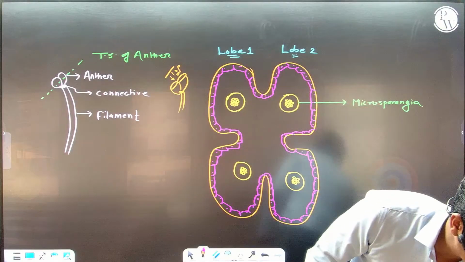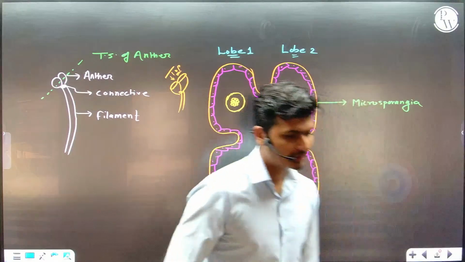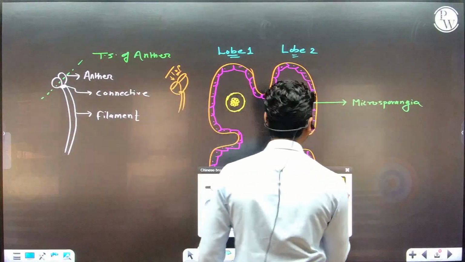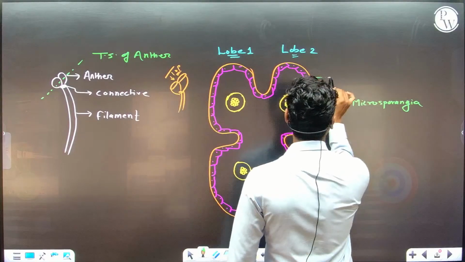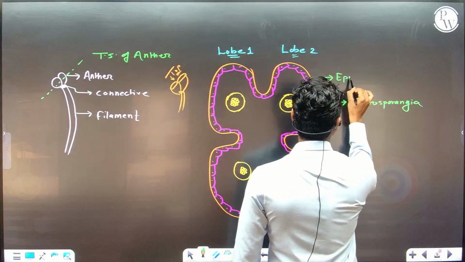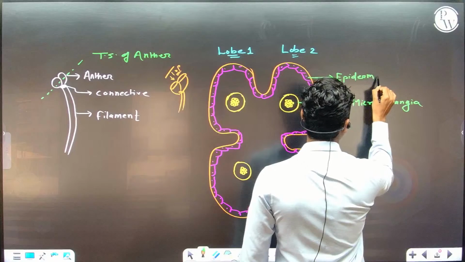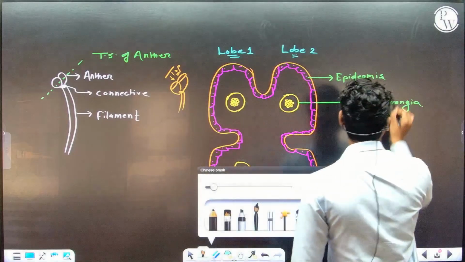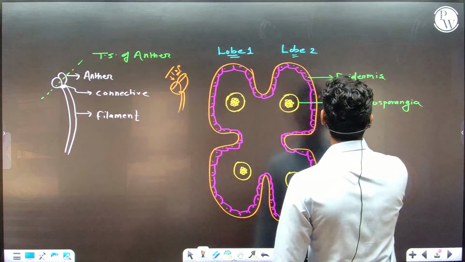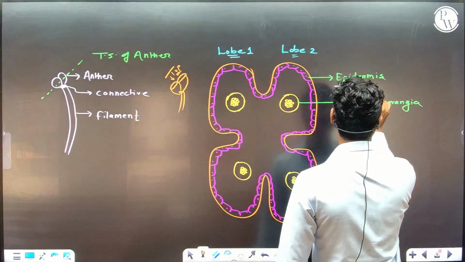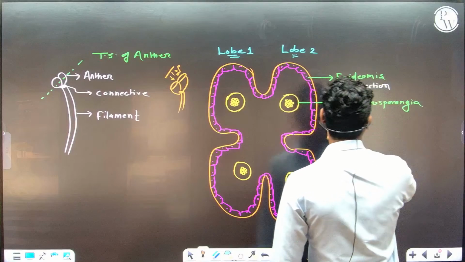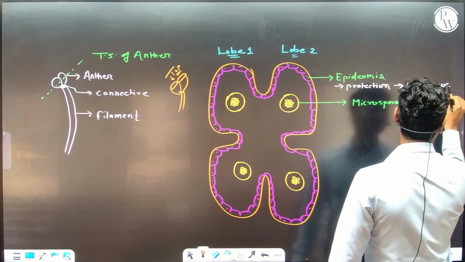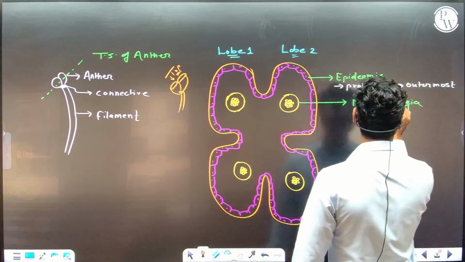This outer layer we can call the epidermis. What is the function of epidermis? I am writing here, the function of epidermis is protection. This is the outermost and a single layer.